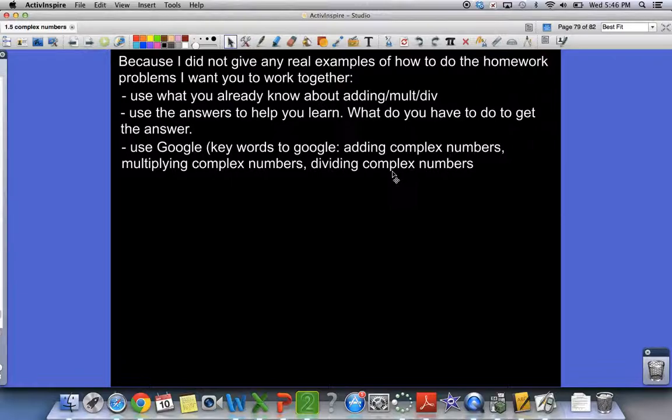We can't have a radical in the denominator. So if you can remember how to divide or get the radical out of the denominator, use the same premise. The concept, the principle is just the same. Use that to get the i off the bottom. All right, and then use the answers to double check. Again, if you need help, Google dividing complex numbers, and that'll probably help you out.